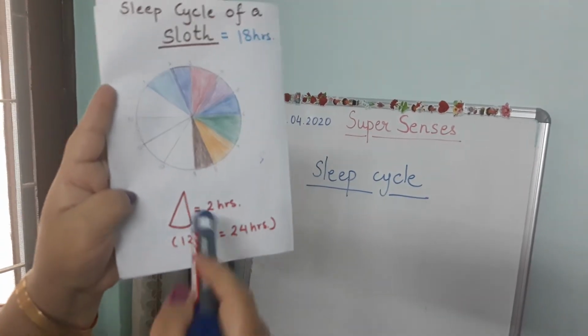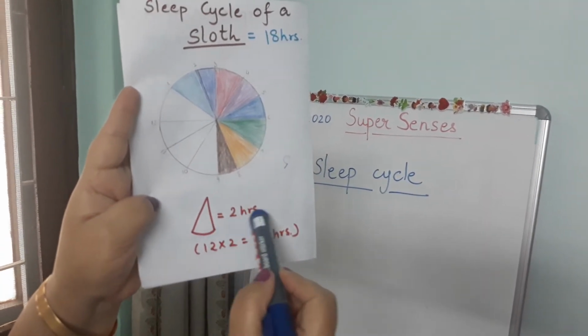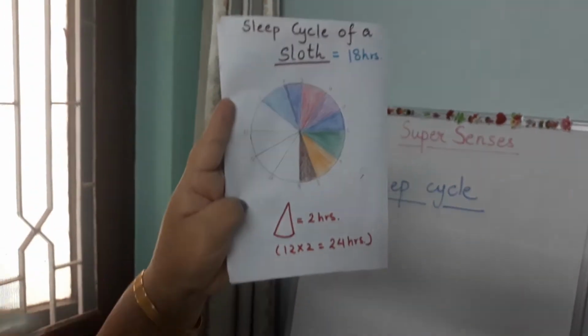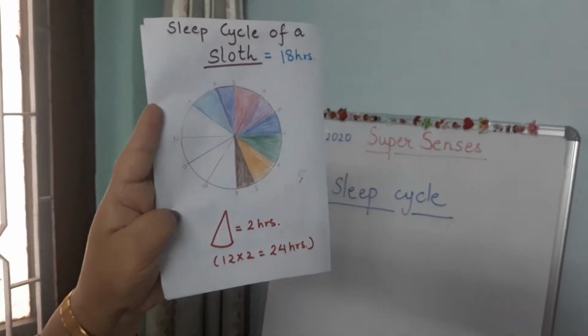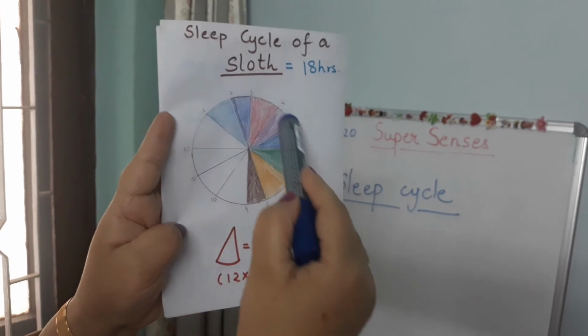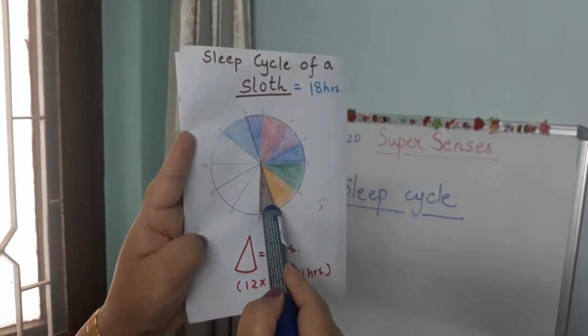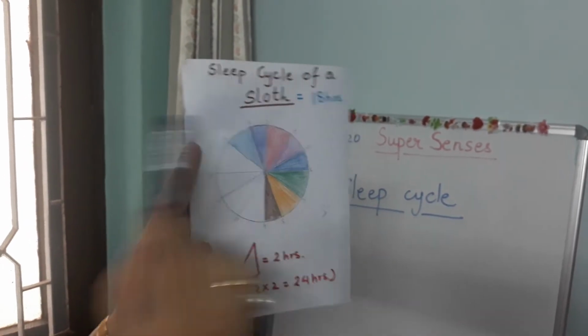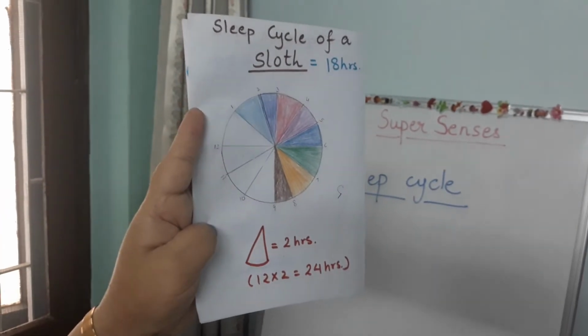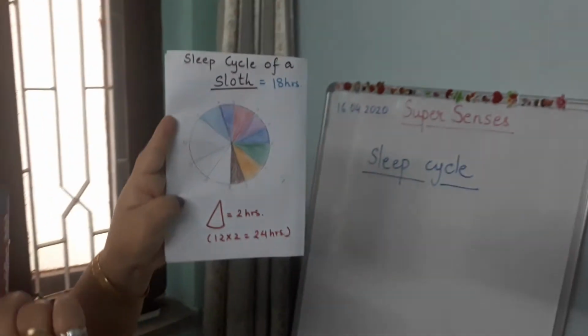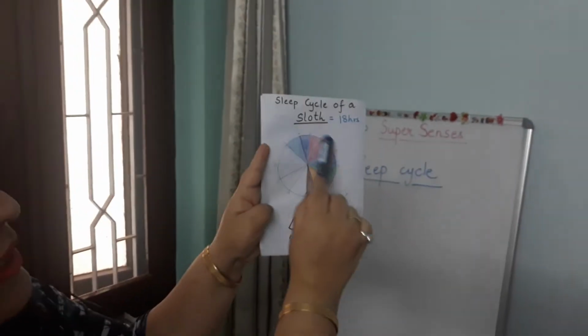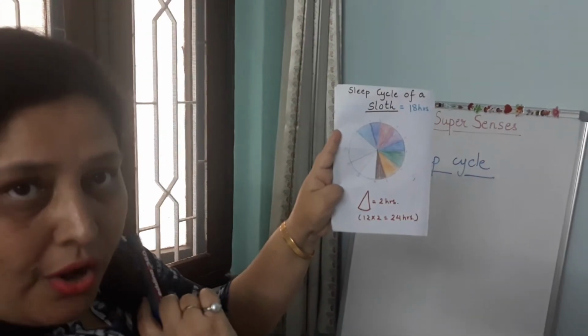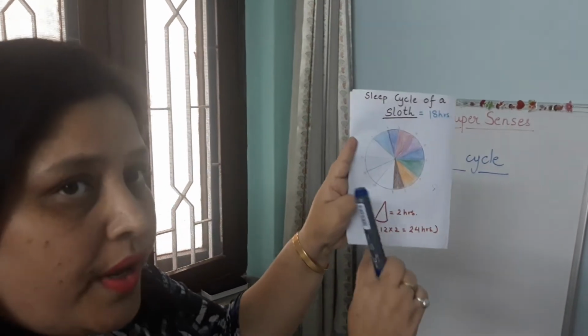Now one fraction here is equal to 2 hours, which makes 24 hours in a day. So if we count these fractions, these are 9 fractions. 9 multiplied by 2 gives you the sleeping time or the sleep cycle of a sloth. 9 twos are 18. 18 hours is the sleeping cycle of a sloth. I hope this is clear to everyone.